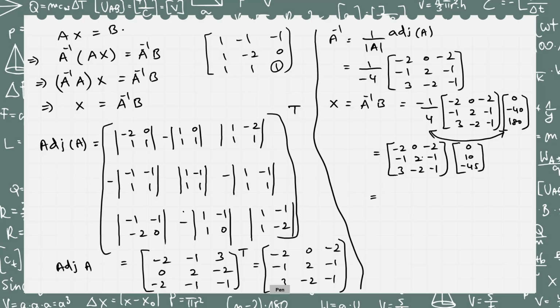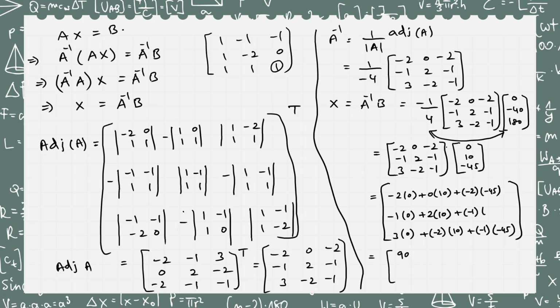Now we need to multiply both these matrices, and this will give you minus 2 into 0 plus 0 into 10 plus minus 2 into minus 45. That's the first row, first entry. Then minus 1 into 0 plus 2 into 10 plus minus 1 into minus 45. That's the second entry. And 3 into 0 plus minus 2 into 10 plus minus 1 into minus 45.